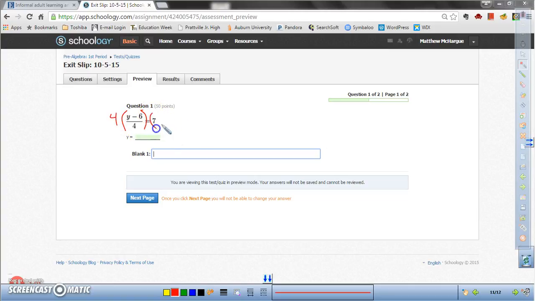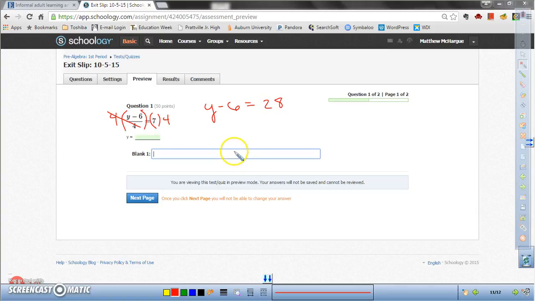So if I multiply on the left side by 4, I have to multiply on the right side by 4 also. So here your multiplication is going to cancel, and that leaves me with y minus 6 on the left side, exactly what was in my numerator. And then on the right side I have 7 times 4, which is 28.